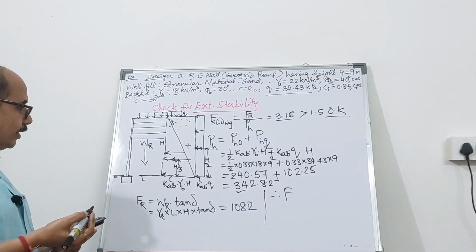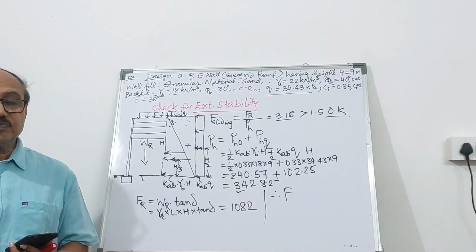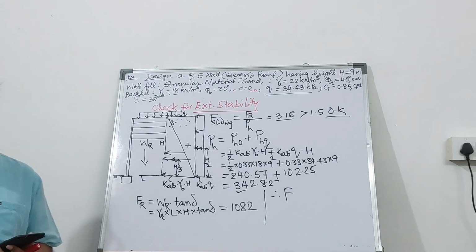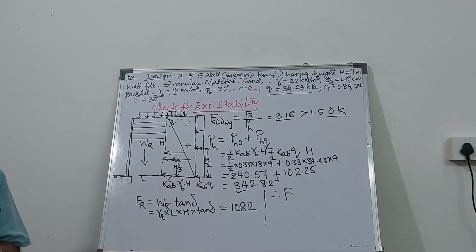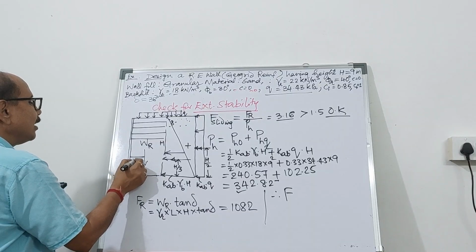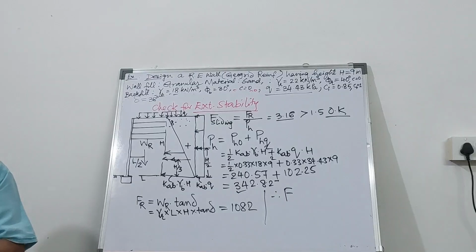Now let's calculate the factor of safety against the another, which is overturning. As I told you, overturning is very important. Walls should not be overturned, and therefore against overturning, this is going to be L by 2. So this is going to create a resisting moment.